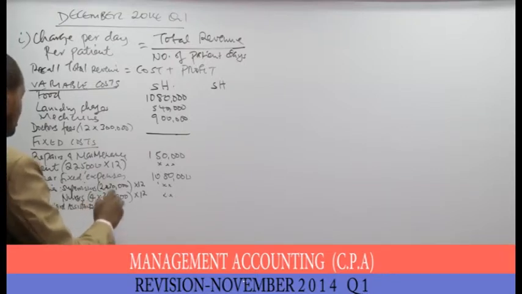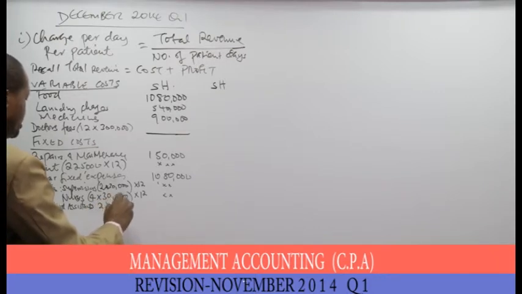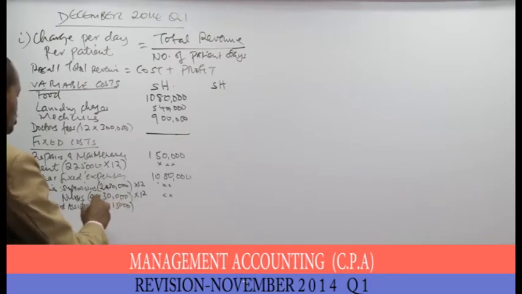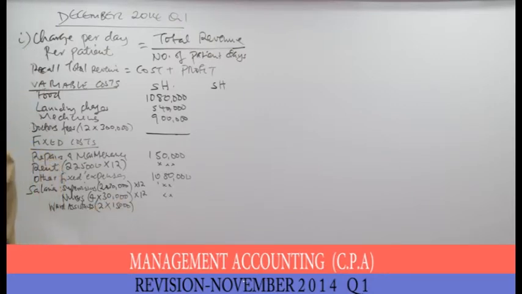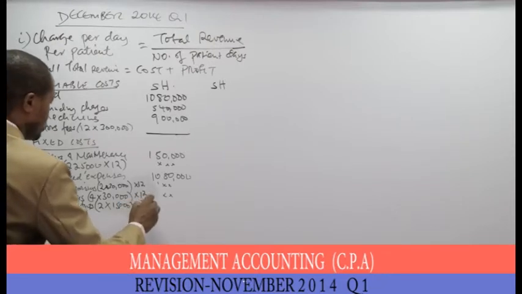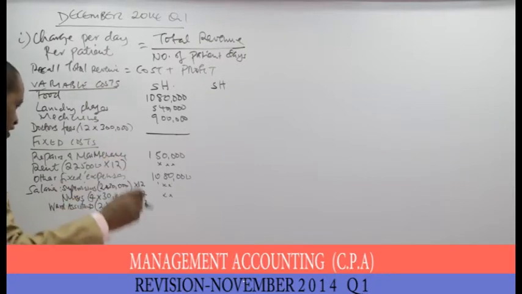Each ward assistant is paid 15,000 per month. So 2 times 15 will give us the salary paid to ward assistants per month. We multiply by 12 to get the salaries for ward assistants per annum. We'll have that figure using a calculator.